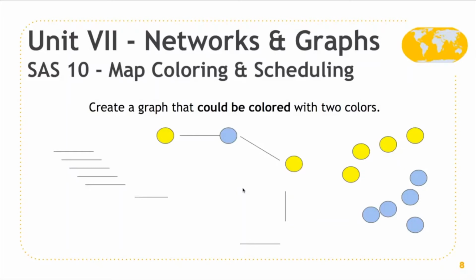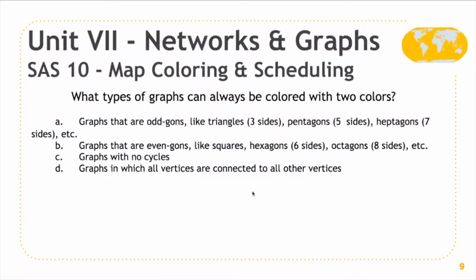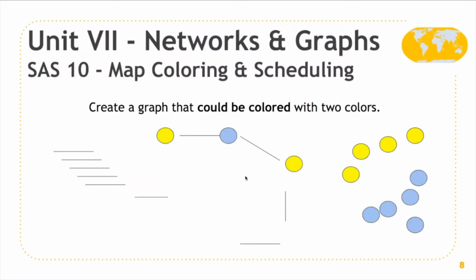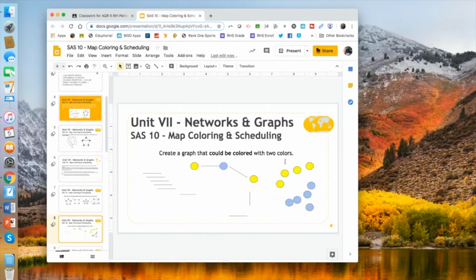All right. So let's create a graph that will be colored with 2 colors. As long as I can't move this around. I thought I could do this. It doesn't give me the opportunity unless I actually stop it. I guess I could, but it wouldn't be as much fun.